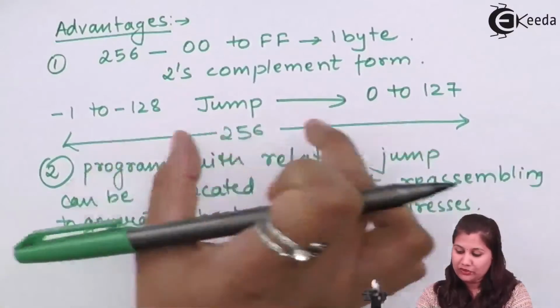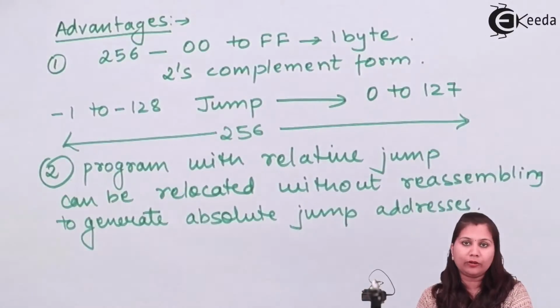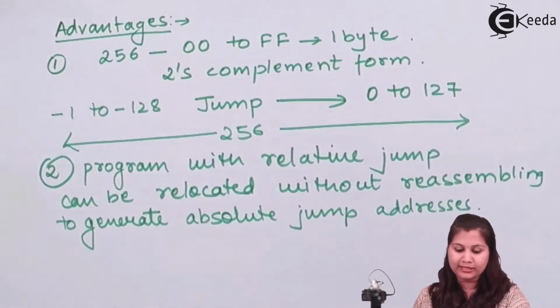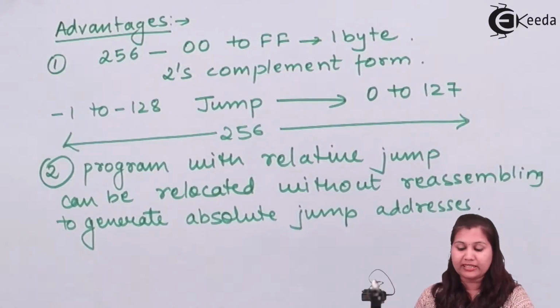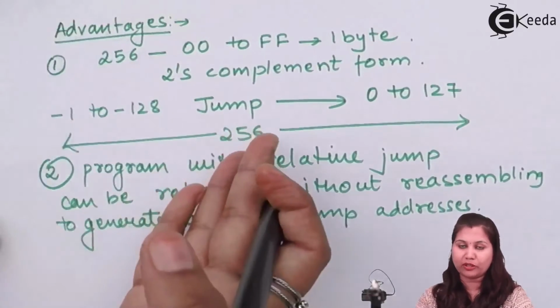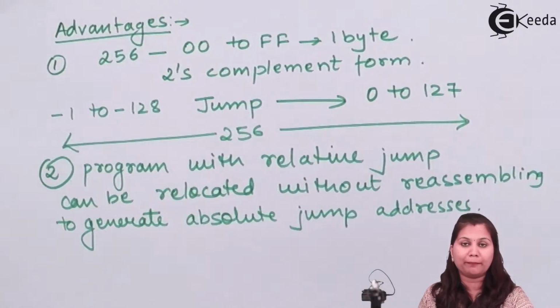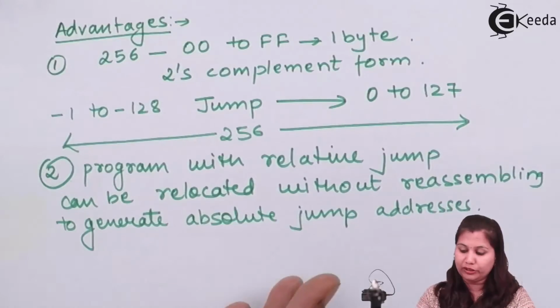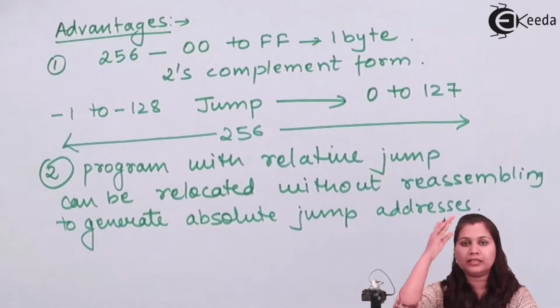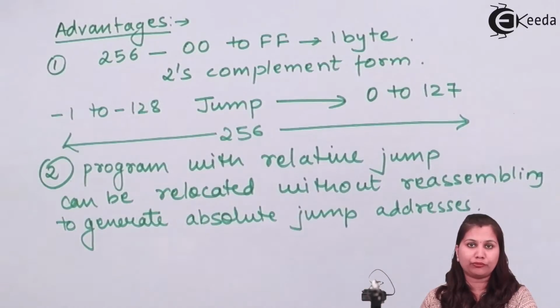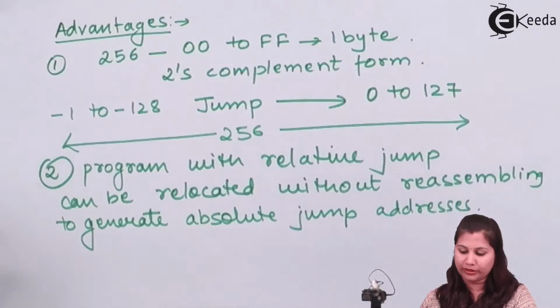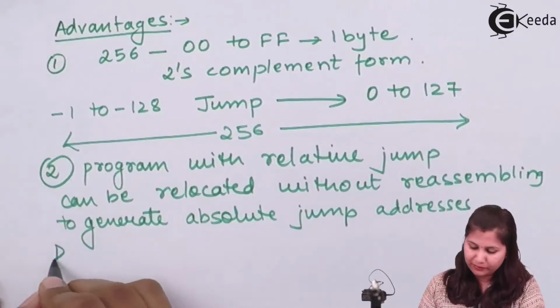So we can easily relocate the programs because they are on the same page. So those are the advantages. Now the disadvantage is also this range, because the range of jumping is very small. It is only 256 bytes. The other memory locations cannot be used for storing the program. So the disadvantage is that it is short.